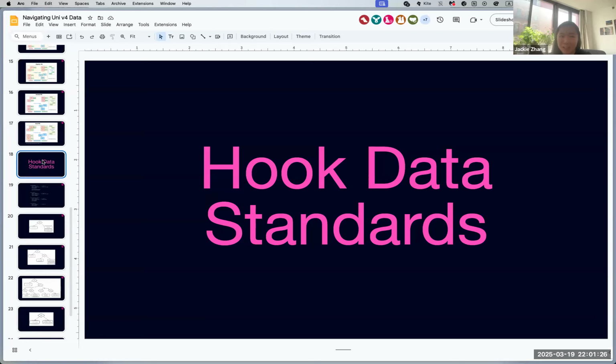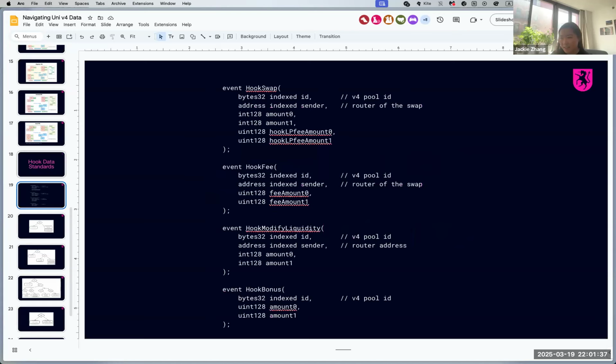You can't just custom-do all the metrics for the thousands, tens of thousands of hooks that are out there.